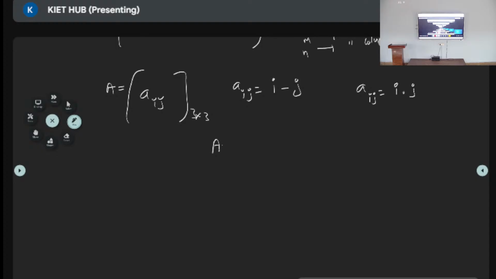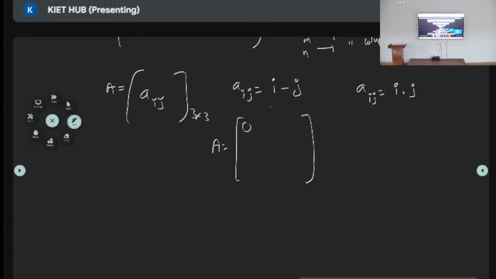What is the first matrix A? I represents the row number, j is the column number. What is the first element? What is the row number of the first element? 1. Column number? 1 minus 1, 0.